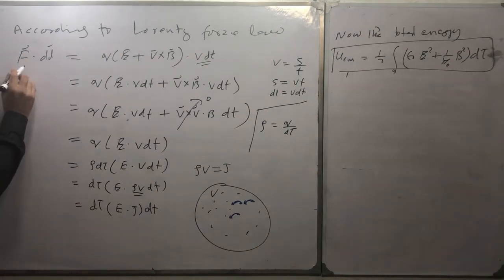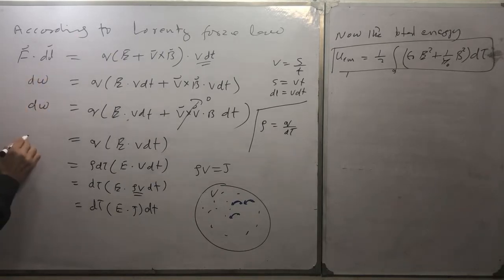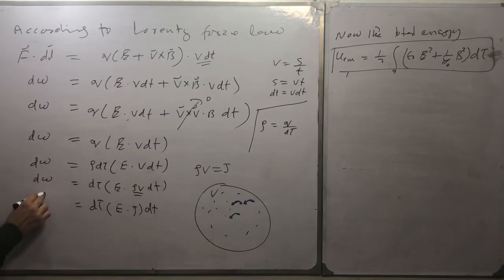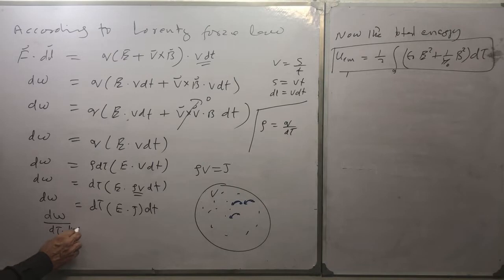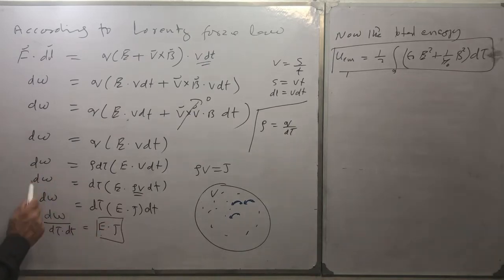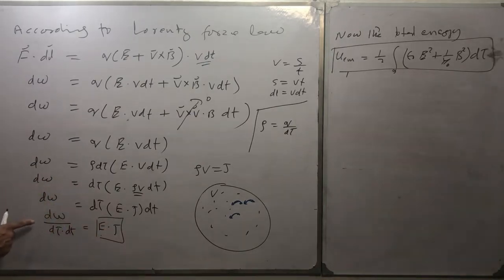This is actually dW, so dW is equal to d tau dt times E dot J. It means that E dot J is equal to the work done per unit volume per unit time.